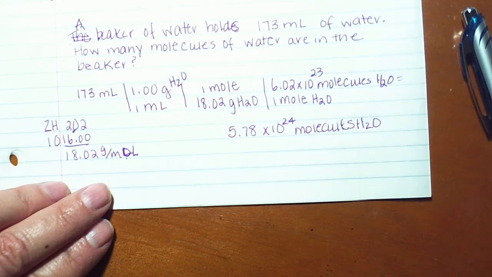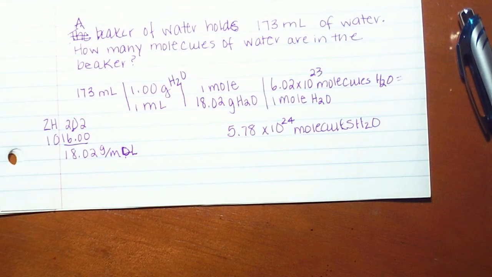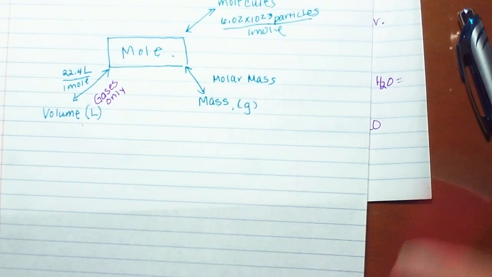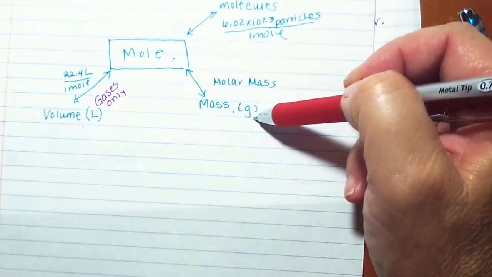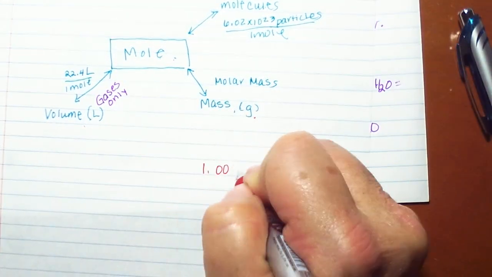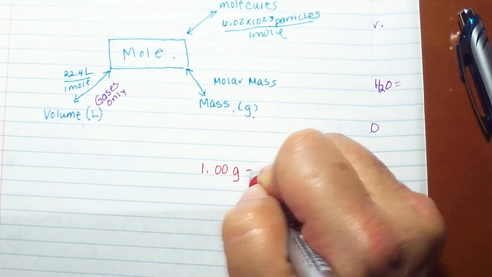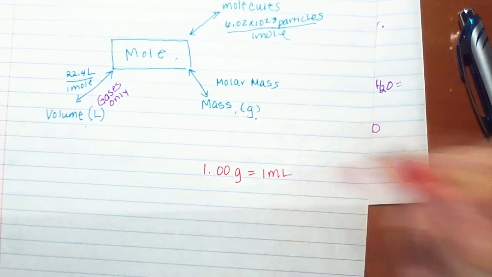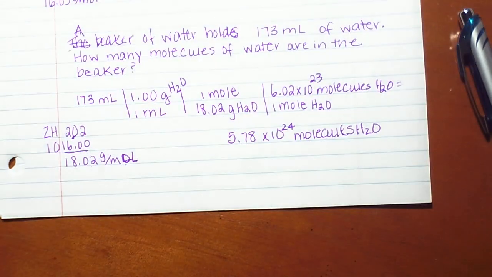So kind of an interesting question. How much volume would a mole of water take up? Well, let's see. So we need to go from a mole of water to volume. So that would be going from here to grams, and then we can use that 1.00 grams is equal to 1 milliliter to get to milliliters, and then we can convert to liters.